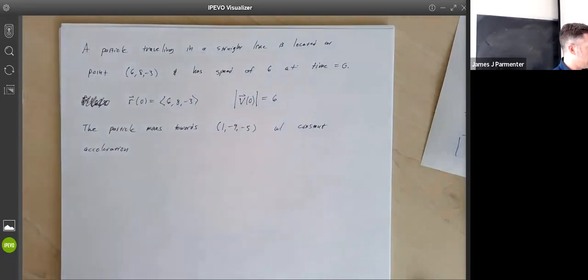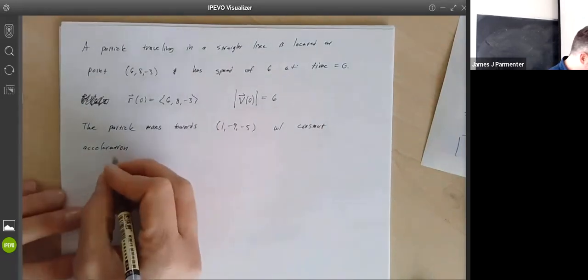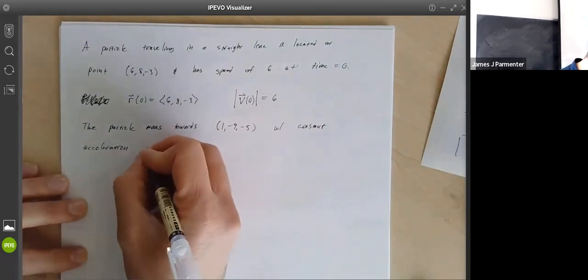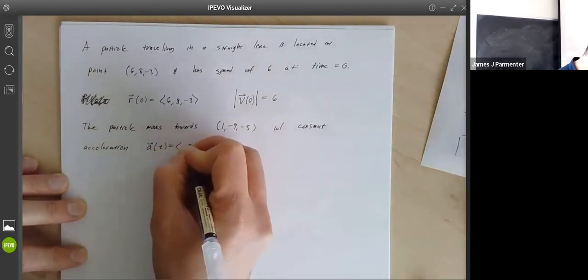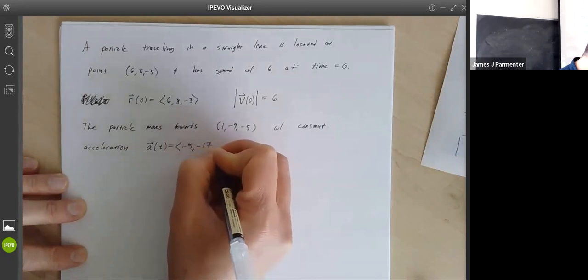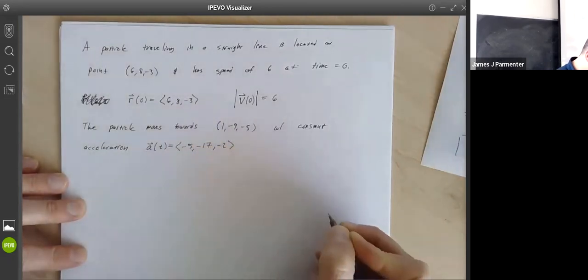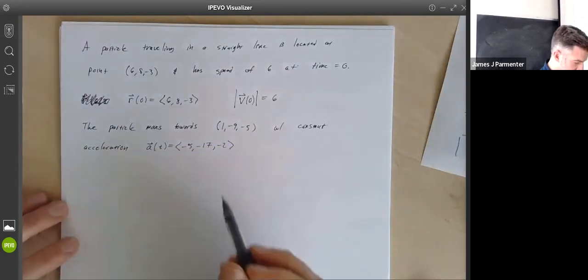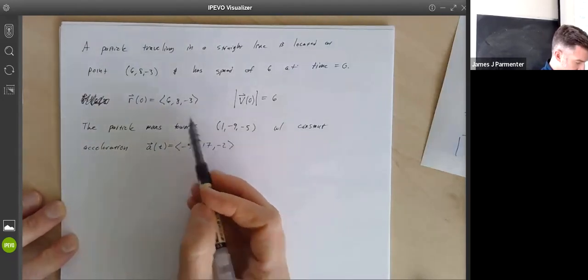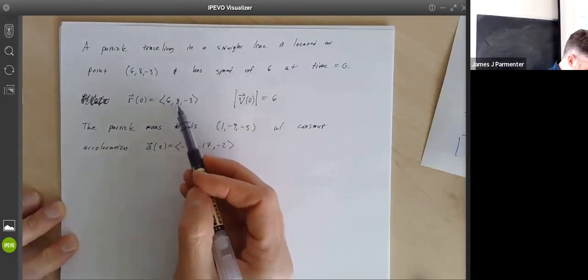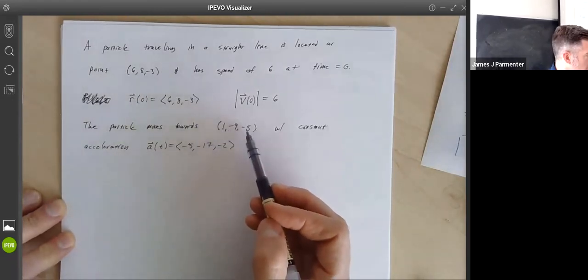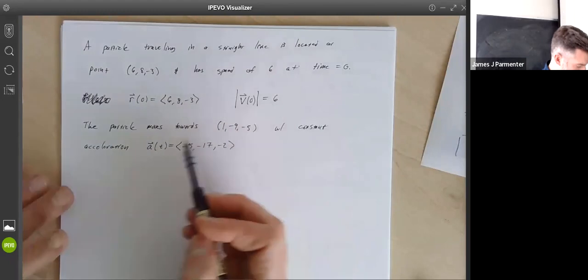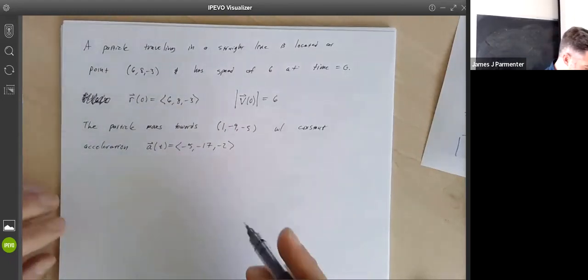Our acceleration vector was (-6, -6, -6), there weren't any variables in there. Here, the constant acceleration is a of t equal to (-5, -17, -2), which is literally just the difference between this point and that point. 6 to 1 is -5, 8 to -9 is -17, -3 to -5 is -2. So we're really seeing the difference between those two points to find that acceleration, which is fine.